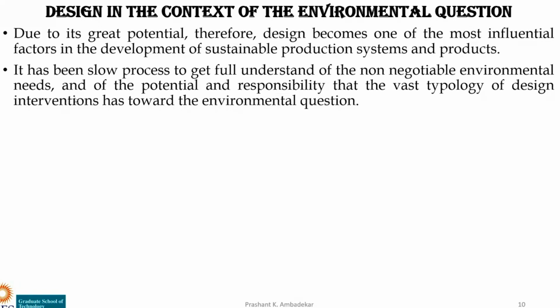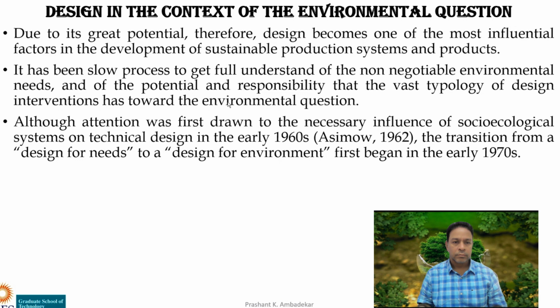That was also understood slowly, the potential and responsibility that a vast type of design intervention, that is the interference of the design, has towards the environmental question. And that's why now we are fighting the change in environment. Had it been understood 50 years back, we would have good air quality index. We would have the same 4 months summer, 4 months winter, and 4 months rainy.